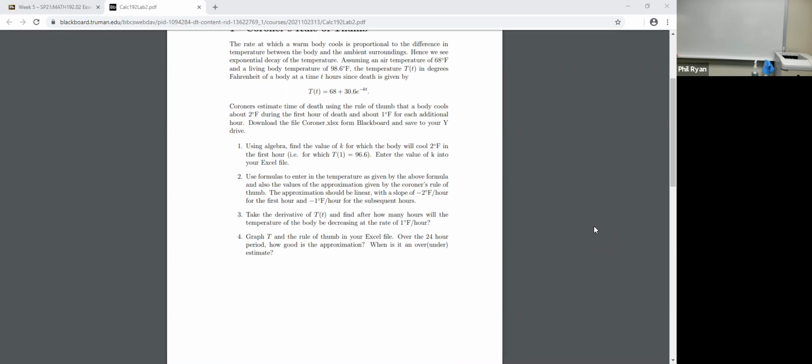And the last thing we should do is get rid of the minus. Minus log is just the same as inverting. And that gives us an expression for k.